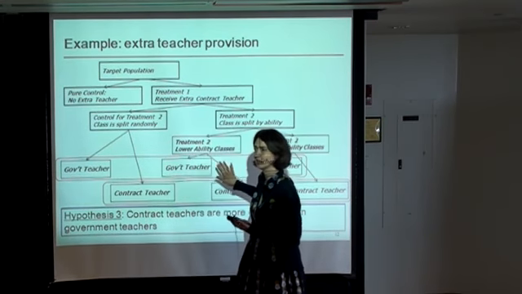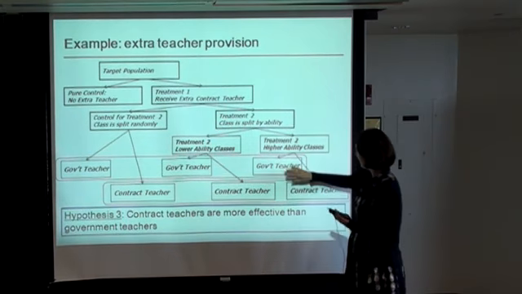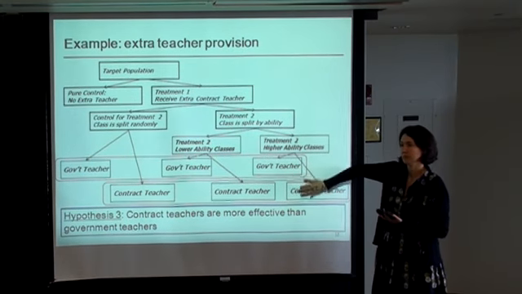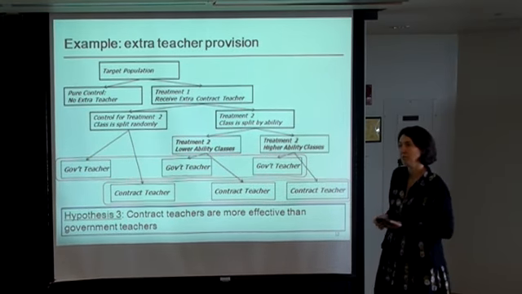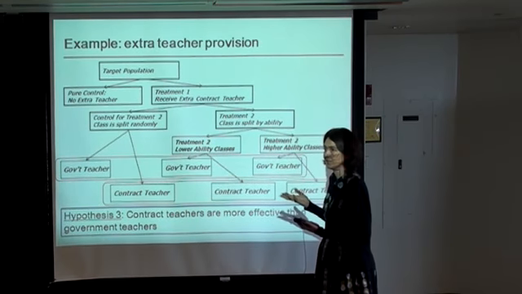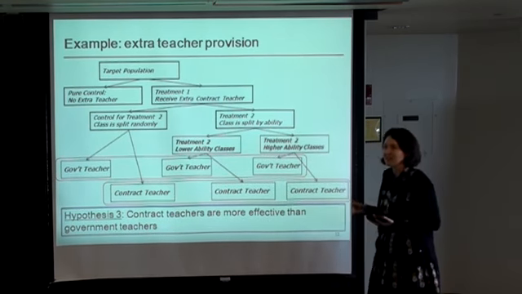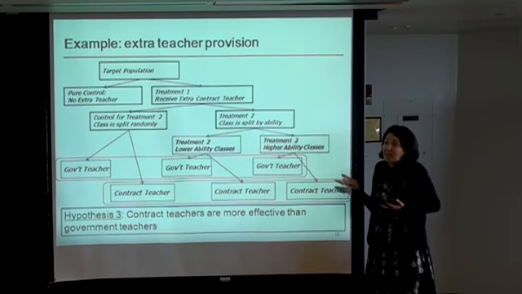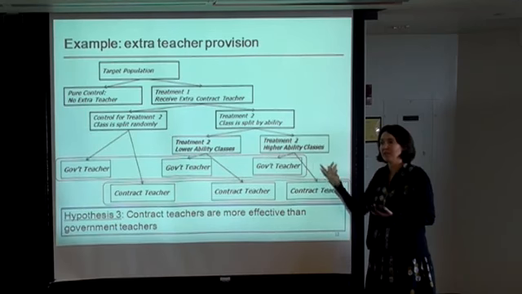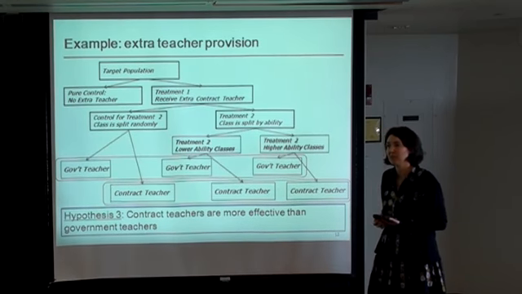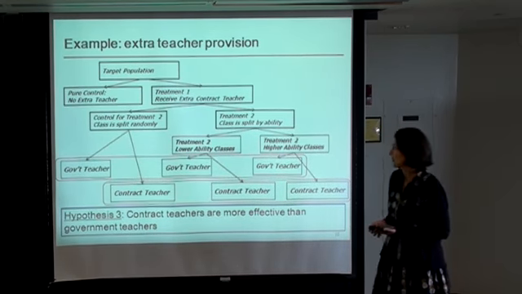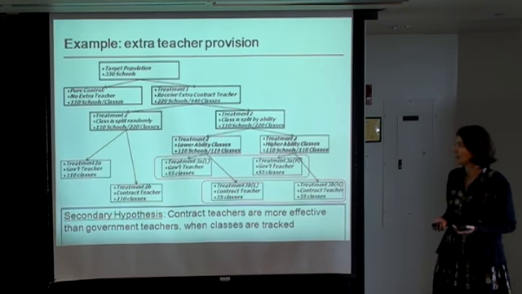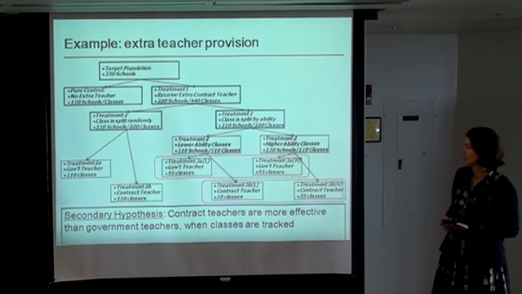But these aren't in the control, they're between these two. That's the effect of having a contract teacher. You've got to take into account that it may change what the government teacher does. So it's not going to be effective if it totally reduces what a government teacher does.